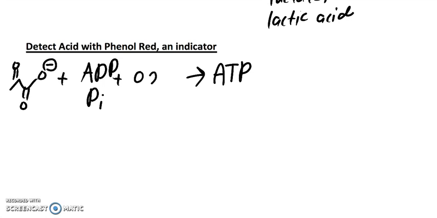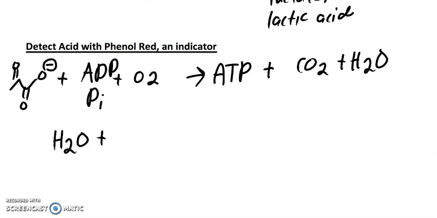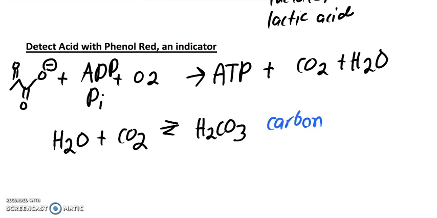We also use oxygen. The other two products that we care about are H2O and CO2. So H2O and CO2 can combine to form an acid called carbonic acid.